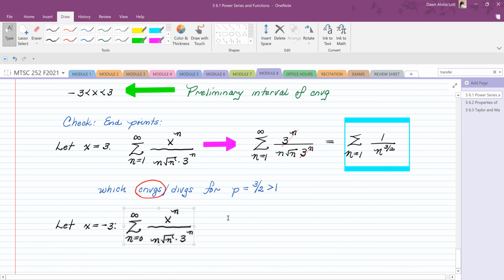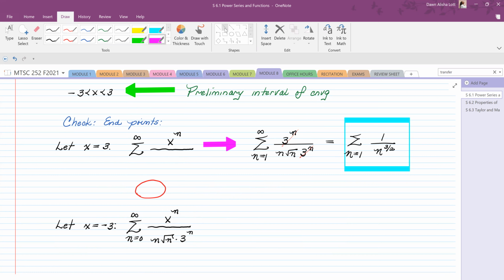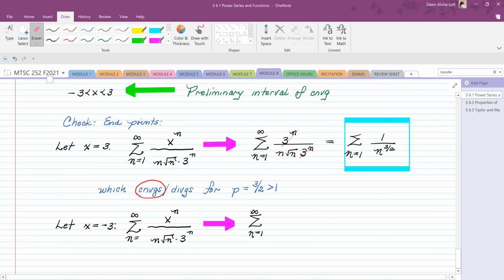Now I'm going to put in -3, and I'm going to get the sum, n equals 1 to infinity, oh, I forgot, I still had that 0 there, of -3 to the n divided by n square root of n times 3 to the n.